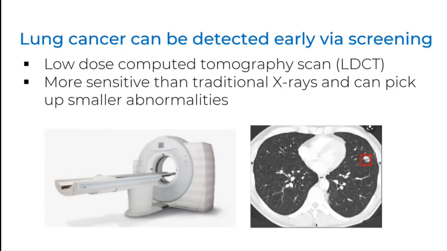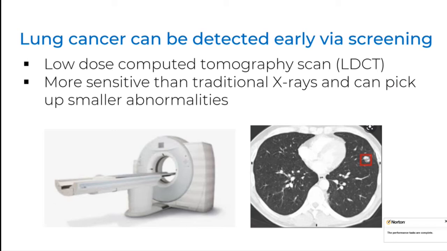How can screening be done? Well, there are modalities of screening, and the most important modality is using a technique called low-dose CT scan, or low-dose computed tomography. Historically, X-rays had been used when patients present with cough or shortness of breath. But these low-dose CT scans are far more sensitive and can pick up smaller lesions that otherwise may not have been picked up by X-rays.